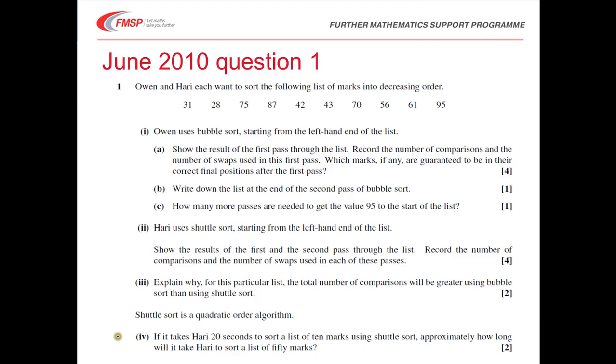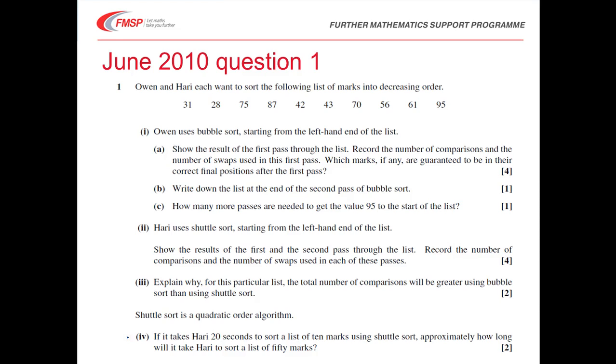And then the last little bit here is we've got the information given to us that a shuttle sort is a quadratic order algorithm, and we've got to try and work out how long it's going to take to sort a list of 50 marks if we're told it takes 20 seconds to sort a list of 10.